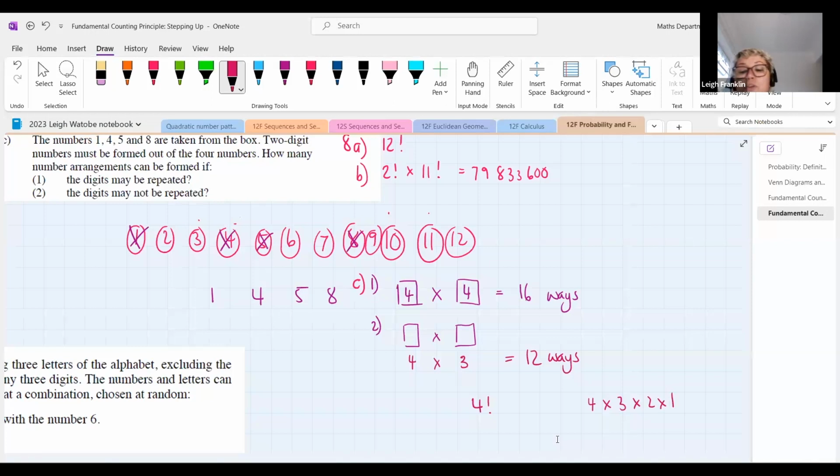So we don't want the 2 by 1, so we can say 4 factorial divided by 2 factorial. Because then we divide by 2 by 1, and it will give us the same answer. So you can use factorial notation if you like. Cool.